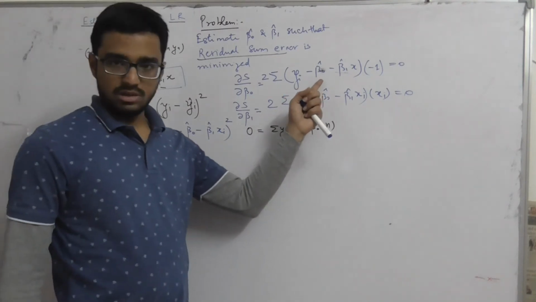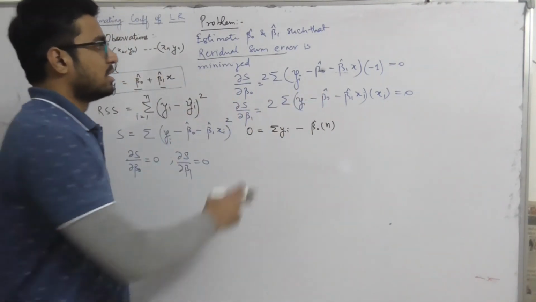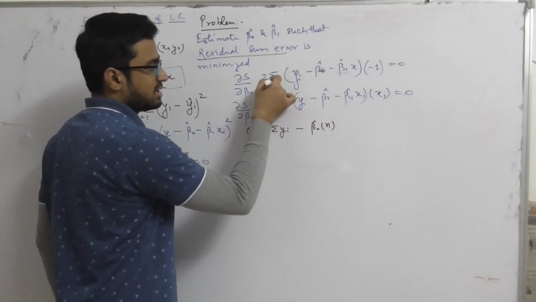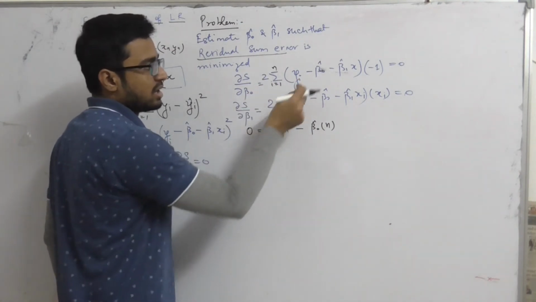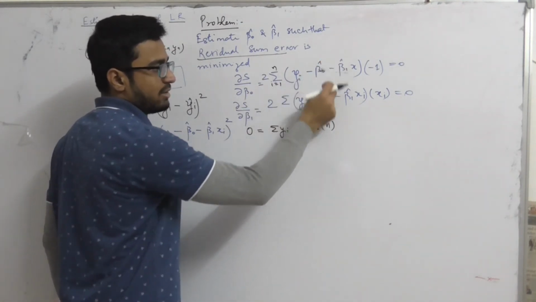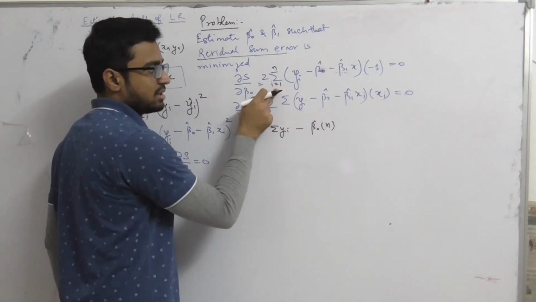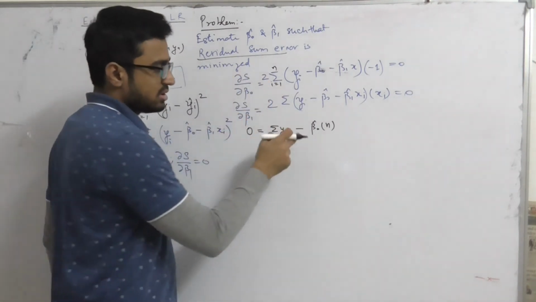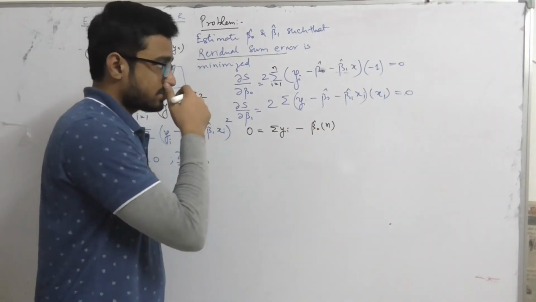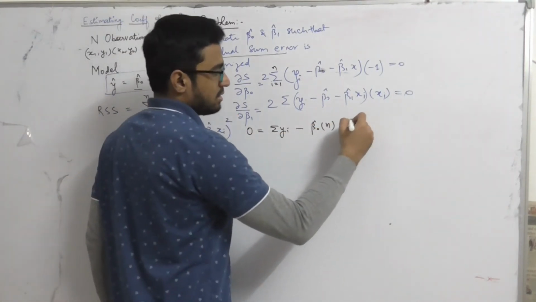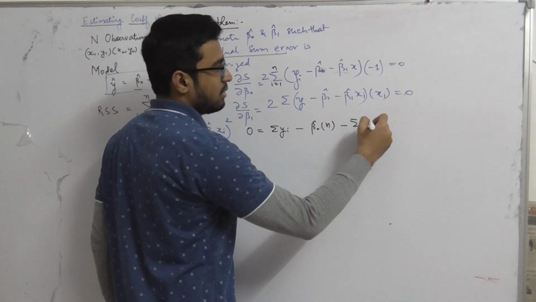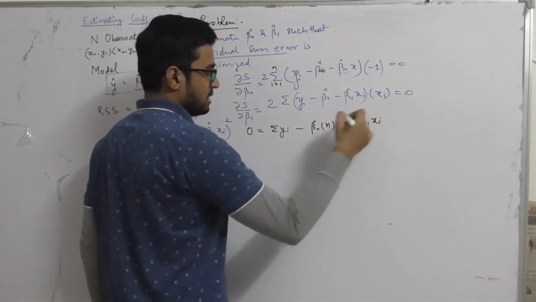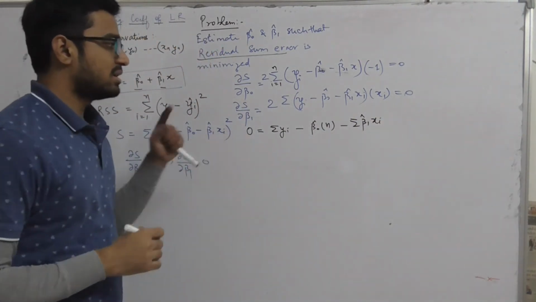Beta naught is a constant for all of the observations. In the summation of beta naught, from i equal to 1 to n, the constant comes out and we have 1 only in the summation term, and we have added 1 n times. So this is how n appears here. Similarly, minus beta 1 cap into summation xi equal to 0. This is my first equation.